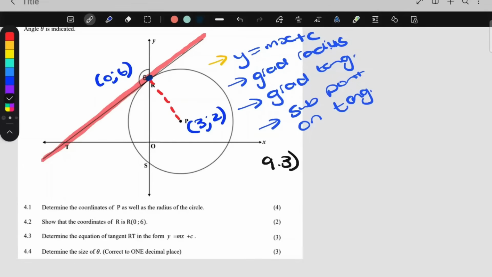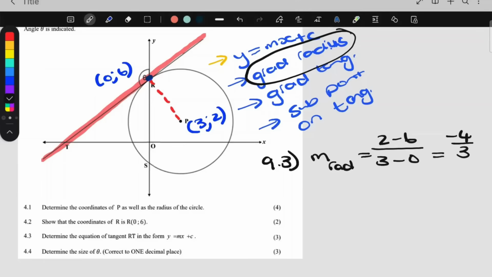So the gradient of the radius is this y minus that y over this x minus that x. So 2 minus 6 over 3 minus 0, and I get my answer to be negative 4 over 3.